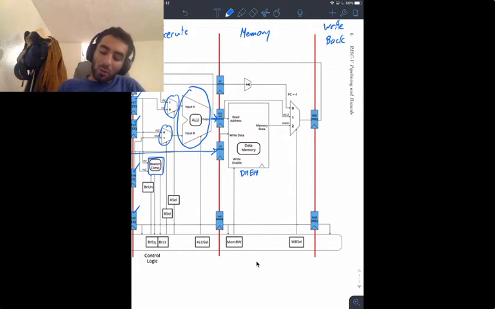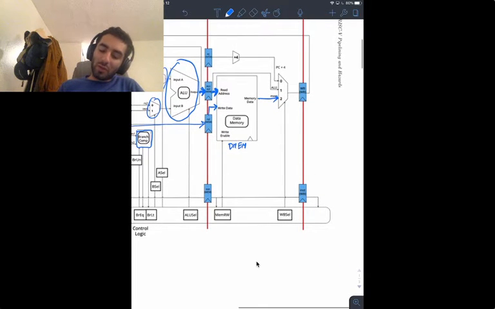So in the case of a load word or a store word instruction, your ALU will actually be outputting the address that you care about, and you will feed that into the DMEM. If it's a load instruction, it will just spit out the data in that memory. If it's a store word instruction, this obviously specifies the address that you want to store things at, and this is going to specify what you want to store.